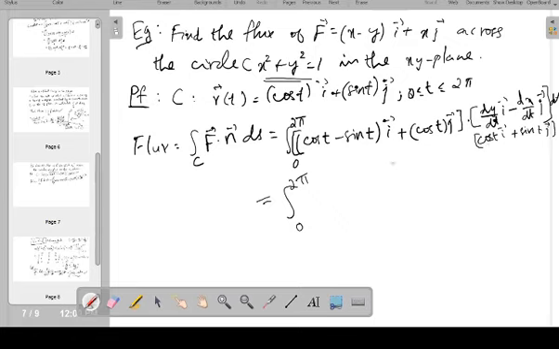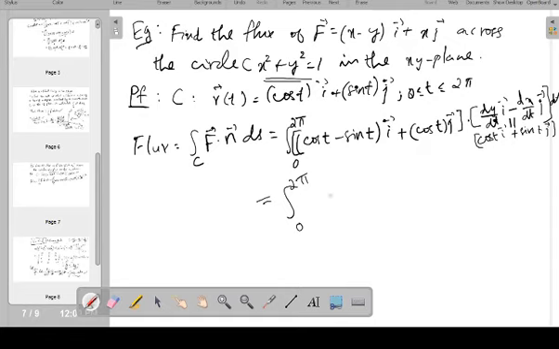So you have to take a dot product of the first bracket with the second bracket.